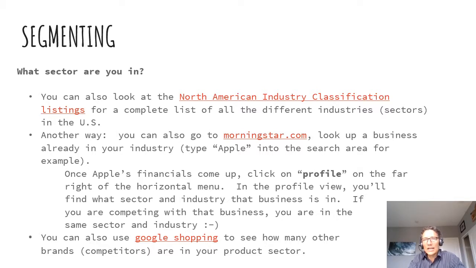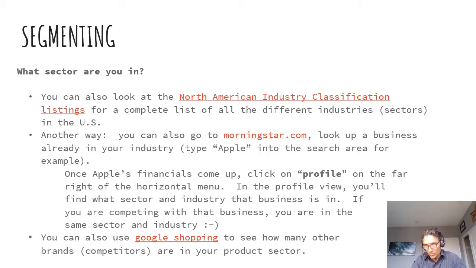The NAIC, the North American Industry Classification listings, it's used by folks when they file taxes, when businesses file taxes. It's a way for the government to track what are all these industries doing. Are they growing? Are they shrinking? Are they making money? Are they losing money? And it's a way for us as marketers to kind of find out what sector we are in. That list is very long and hard to read, the NAIC.